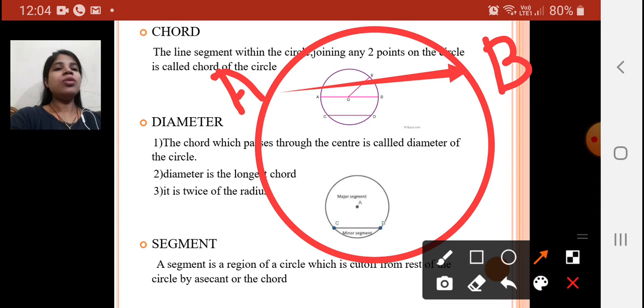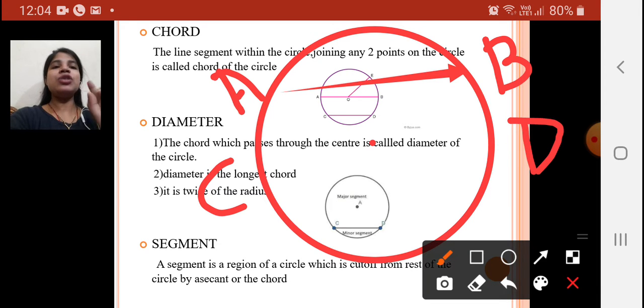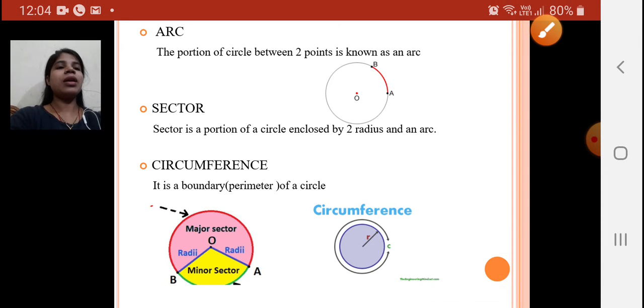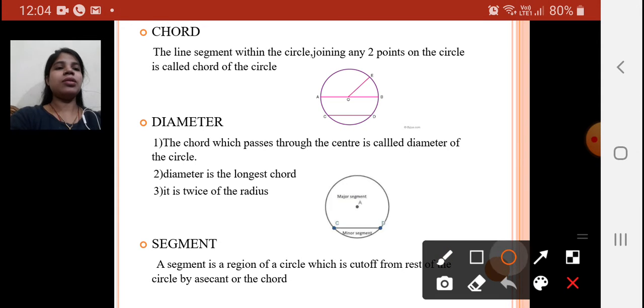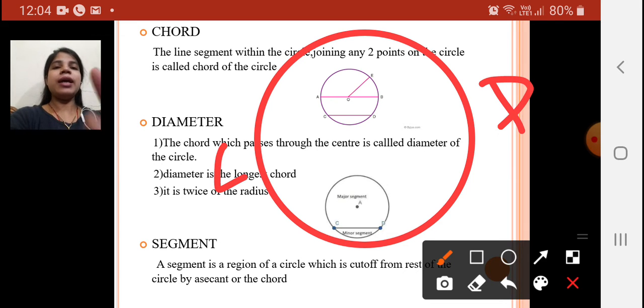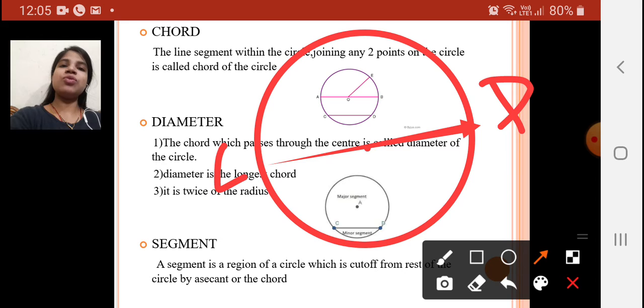Now if we have the center of the circle here and a line that joins 2 points, suppose C and D, and that line passes through the center, then it is known as the diameter of the circle.